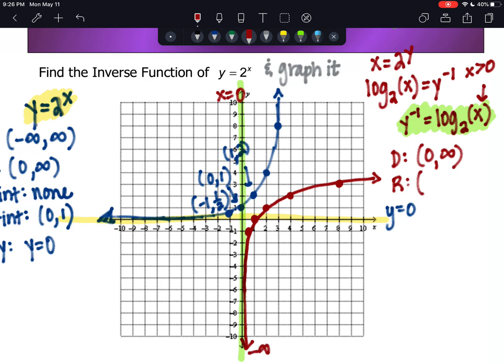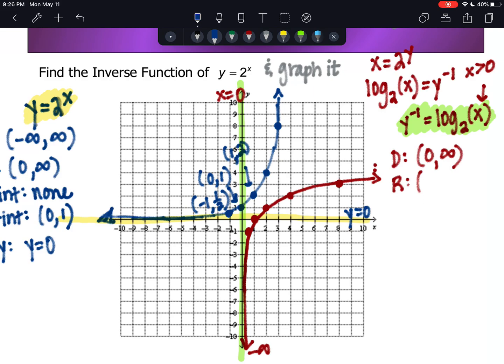Our range goes from -infinity and it will slowly increase. So the further we go out to the right on our graph, the more we will increase. We just increase at a very, very slow rate. So you have to go very far to the right to continue going up.